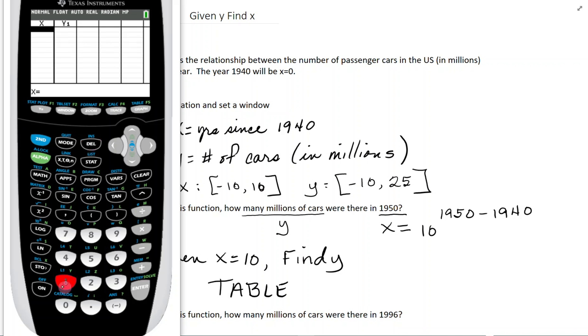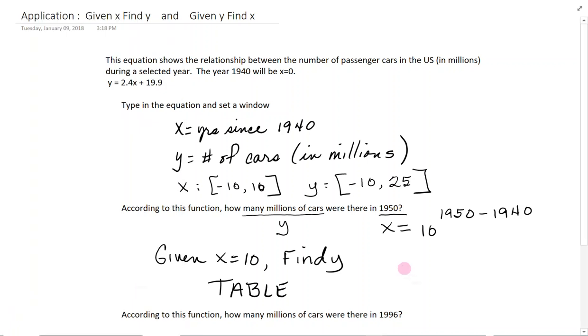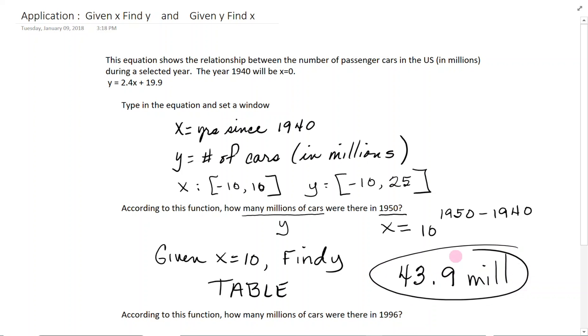And I type in x is 10, 10 years after 1940. The answer is 43.9 million cars. 43.9, and it is in millions. All right.